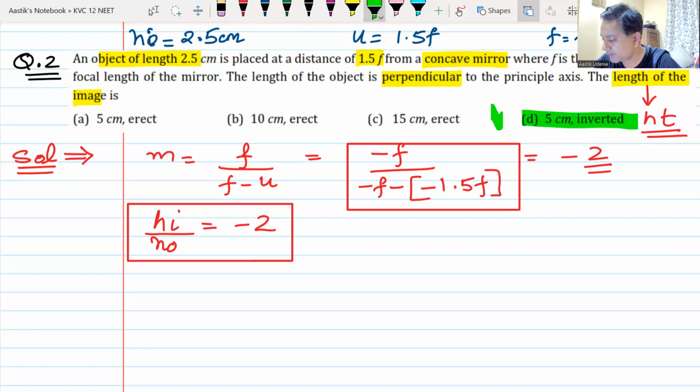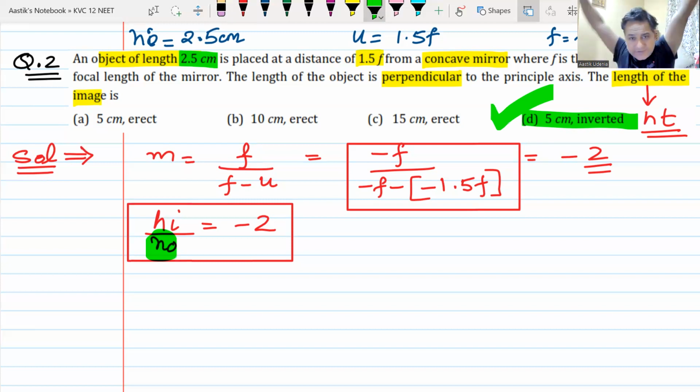That is correct. The height of the object is 2.5 centimeters. To multiply 2.5 by minus 2, you will get minus 5. Minus 5 will indicate that the image is inverted.